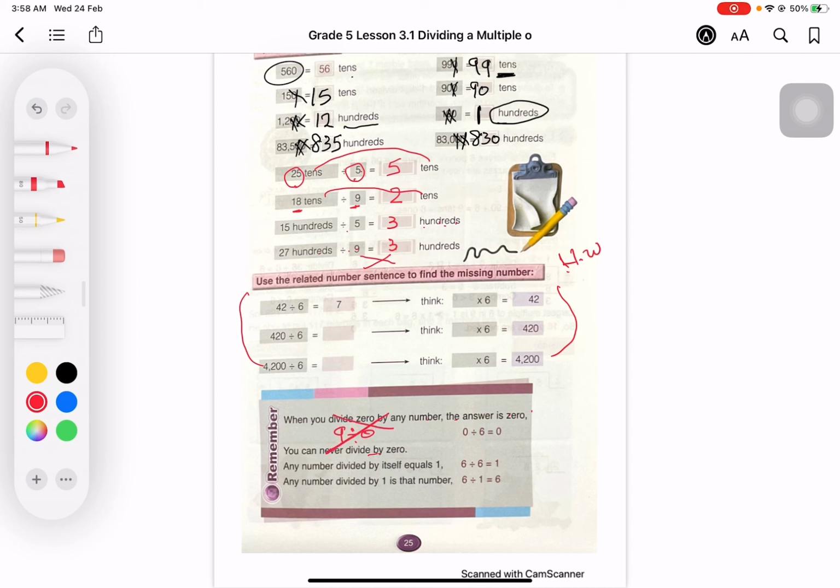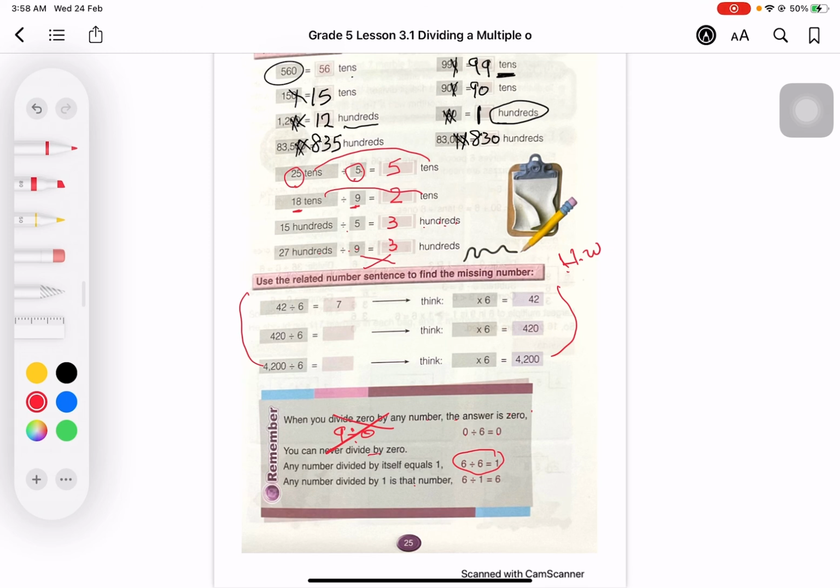You can't divide by 0, but you can divide 0 by any number, and the answer you will get is 0. Any number divide by itself, it's 1. Any number, when you divide it by itself, you will get 1. Any number divide by 1 is that number. If you have 6 divide by 1, the answer is 6.